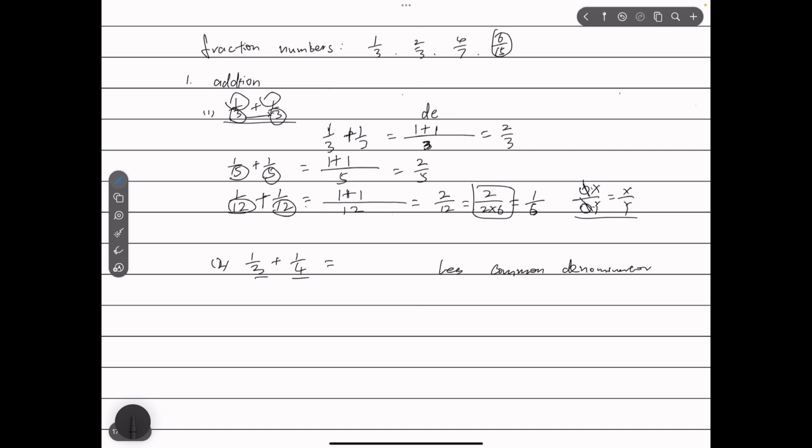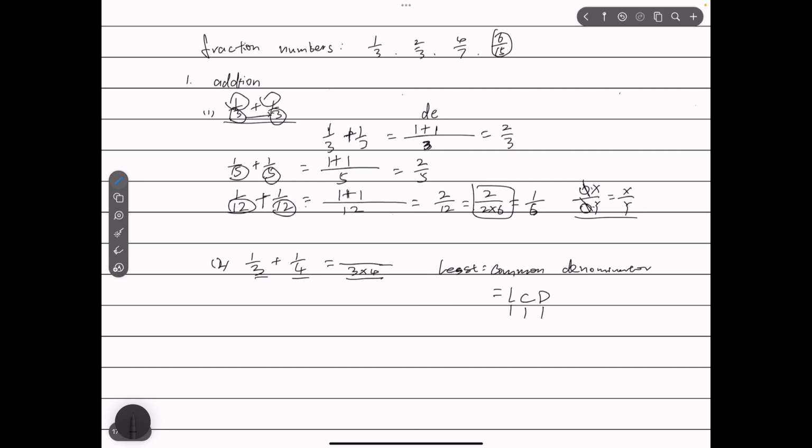Basically, we need to find the least one, which is called the LCD, the least common denominator. So what's the least common denominator for 3 and 4? That will be 3 times 4, and that's the least common denominator for 3 and 4.